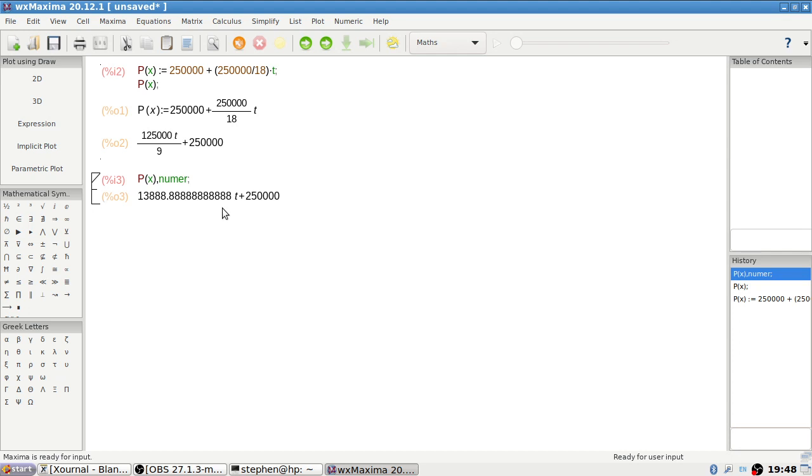So we have to interpret the slope of the graph. So each year the house will increase at roughly 13,888.89 dollars per year. Or maybe I should say the value of the house will increase at that much per year.